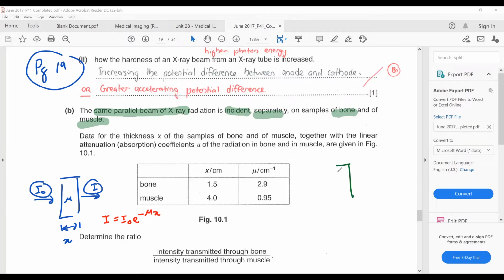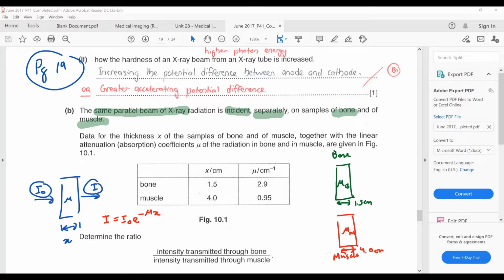You have, say, bone here, and then you have, say, muscle here. Okay, this one has its own thickness. This one has its own thickness. This one has mu of muscle. This one is mu bone. Then this one will be 1.5 centimeter, while this one will be actually 4.0 centimeter.